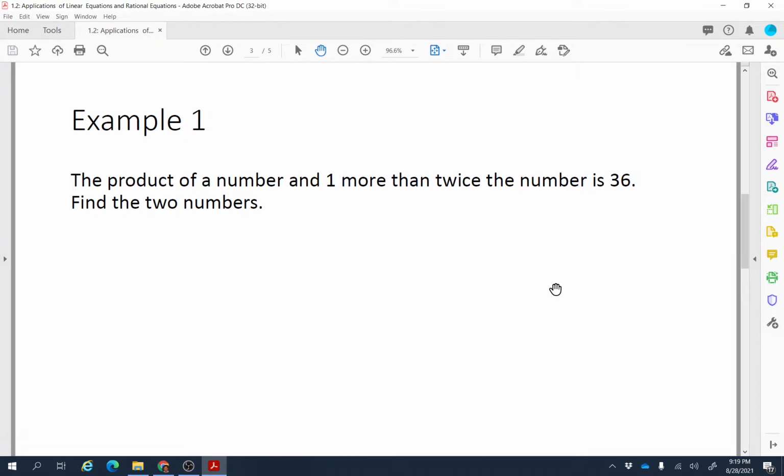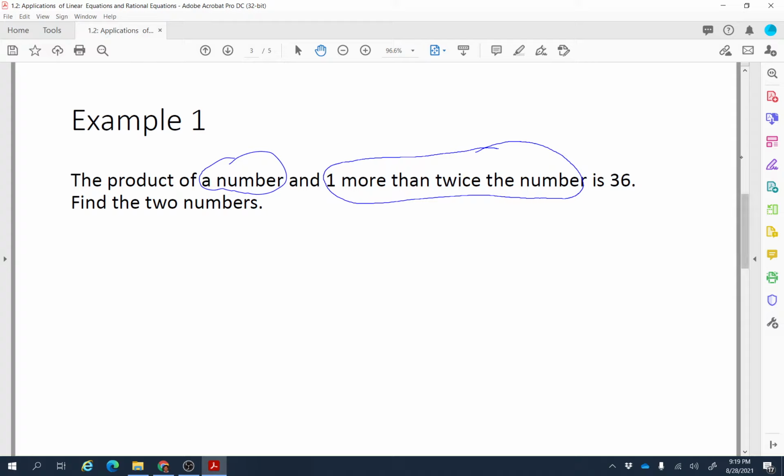Let's see one example. The product of a number and one more than twice the number is 36. Find the two numbers. So here basically there are two numbers, one number and another number, which is one more than twice the number, and their product is 36.